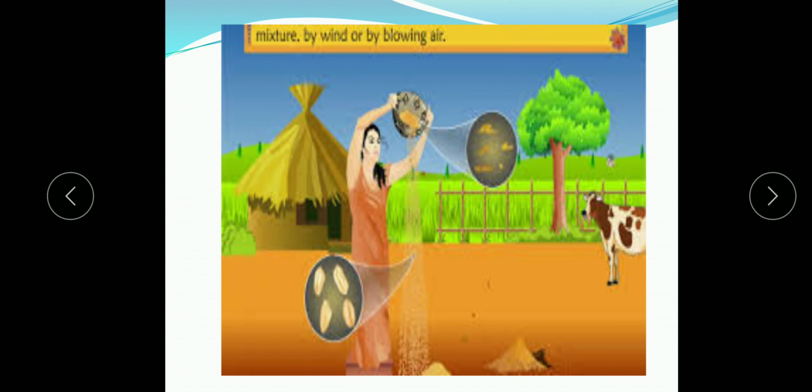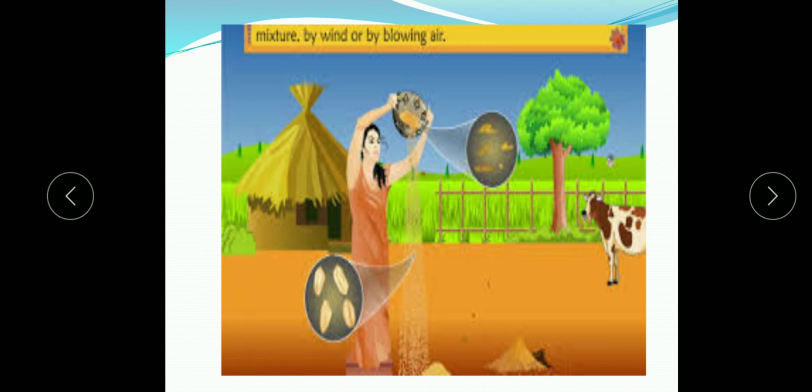So here in the pictorial form it is represented that blowing wind is there, and with the blowing wind the lighter component of the mixture will get separated away from the person who is doing the process of winnowing, and the heavier component will be collected just below where the process of winnowing is applied.